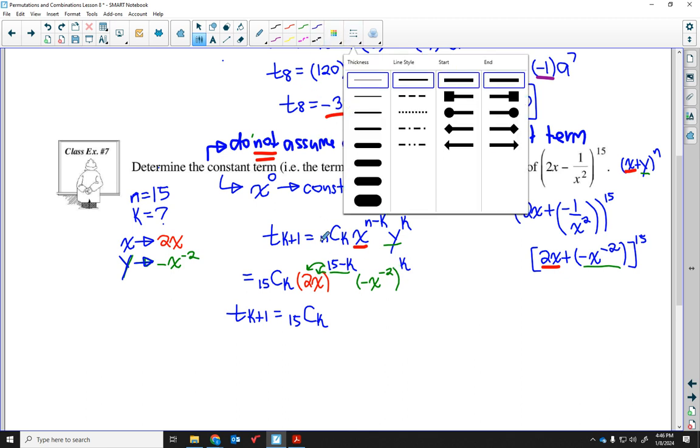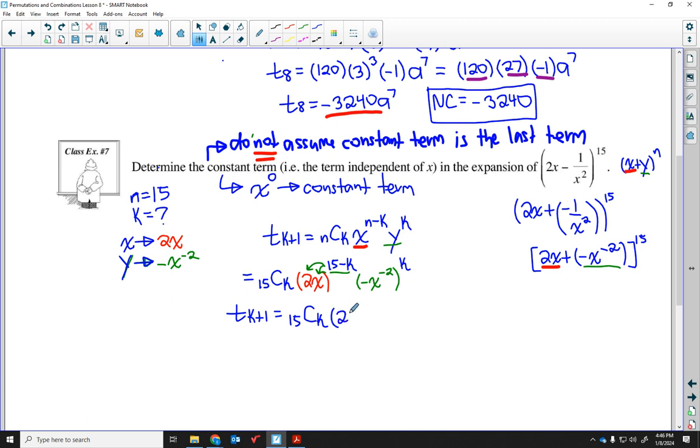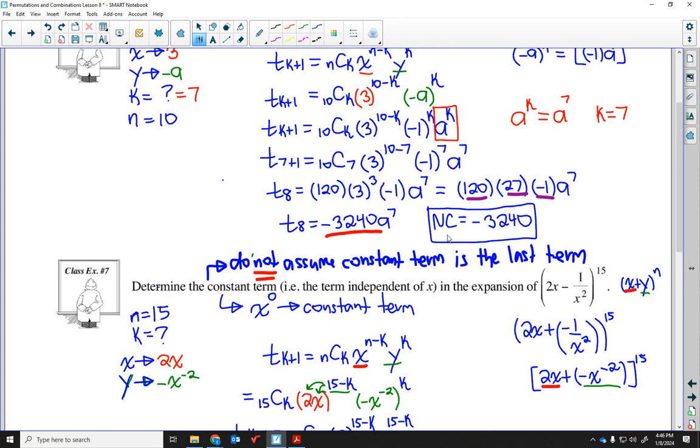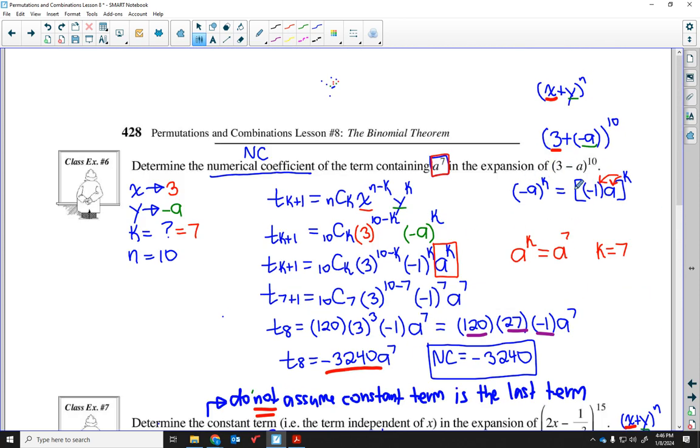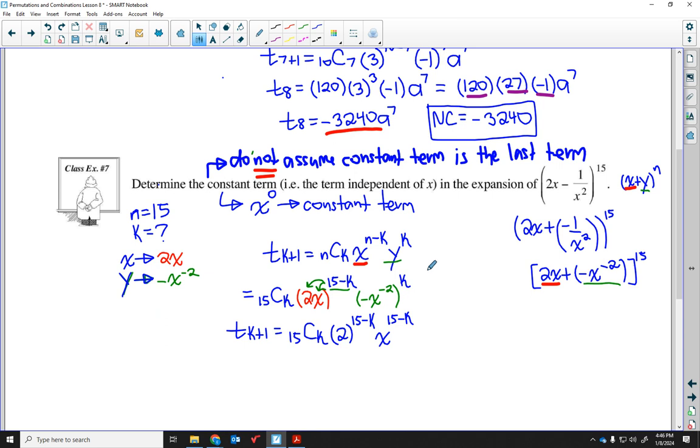So what it would then look like is 2 to the power of 15 minus k, and then x to the power of 15 minus k. Now, as for this right here, we've got that negative. So I'm going to apply a similar trick to deal with that negative. Maybe I'll just show it over on the side right here.